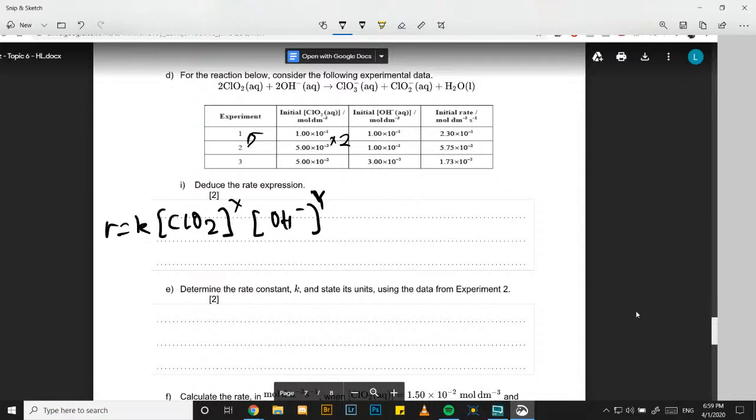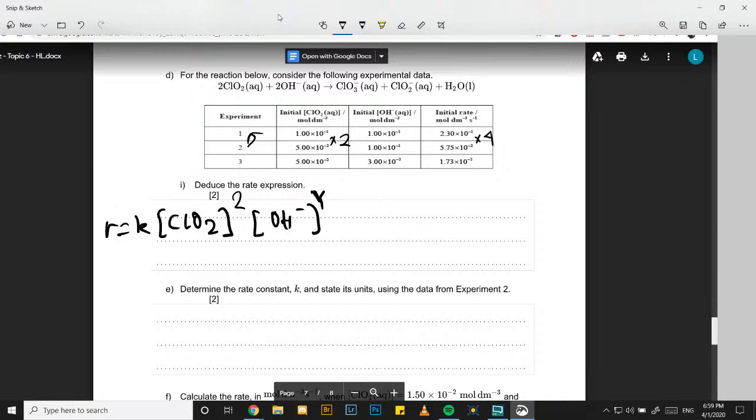Then to get from 5.75 times 10 to the negative 2 to 2.3 times 10 to the negative 1, you can divide 2.3 times 10 to the negative 1 by 5.75 times 10 to the negative 2, which shows it is an increase of times 4. So if you double the concentration of ClO2, you quadruple the reaction rate, which means that the order of this reaction with respect to ClO2 is 2, because doubling the concentration multiplies the rate by 4 because of the square.